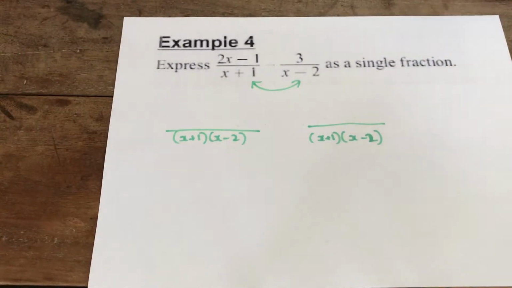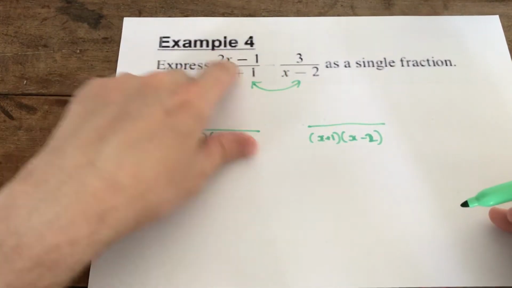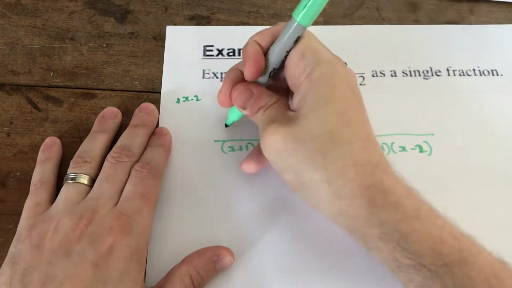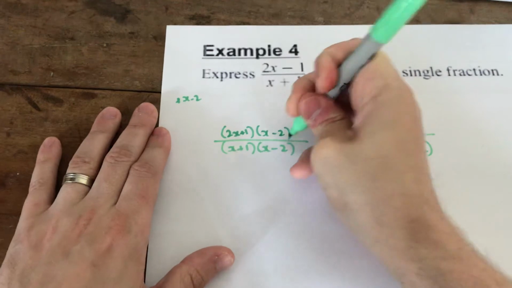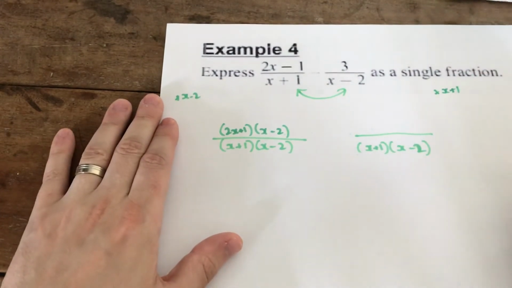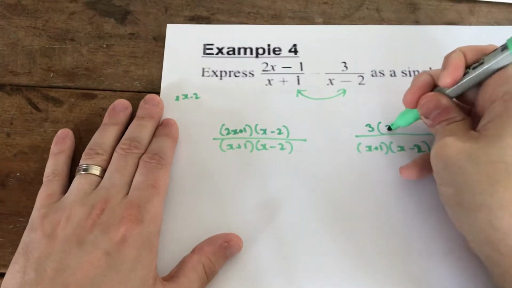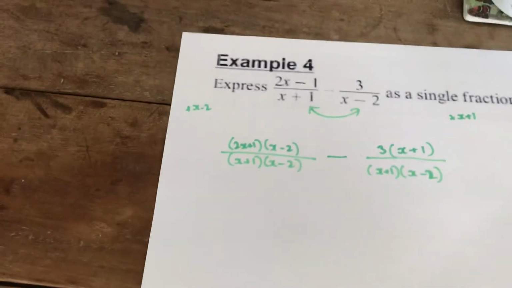Now if we're doing this, what happens is we multiply this side by x minus 2, so that becomes 2x plus 1, x minus 2, and we multiply this side by x plus 1, and that becomes 3 brackets x plus 1. We then have our sign in the middle, the same as what we had before.